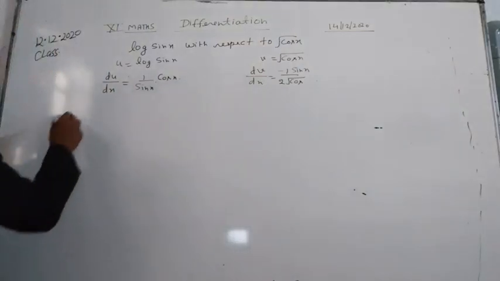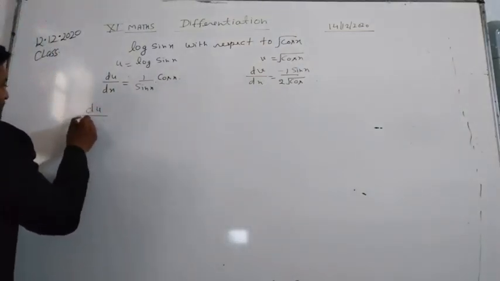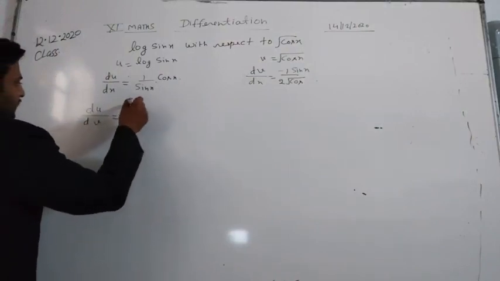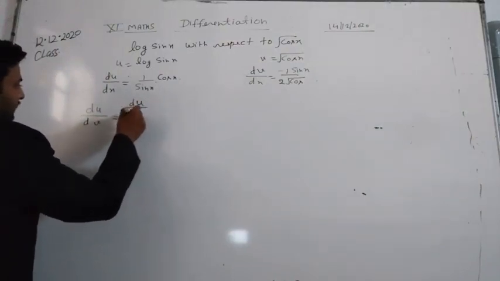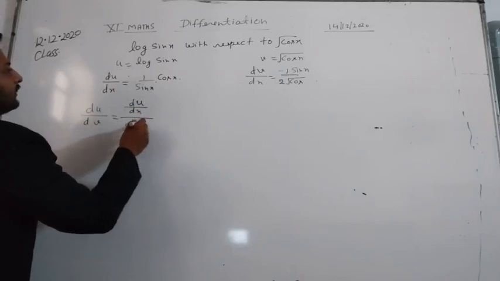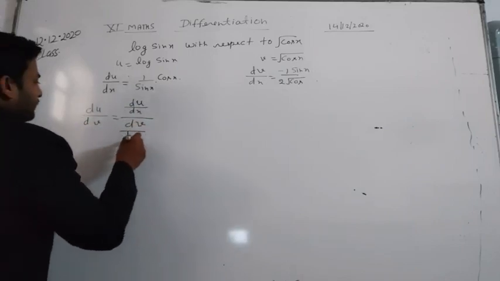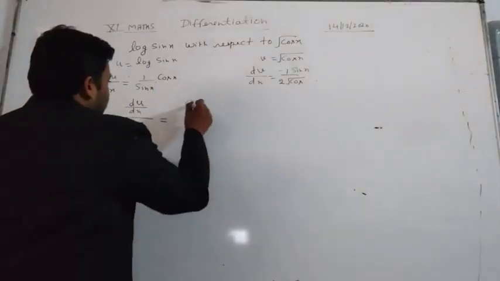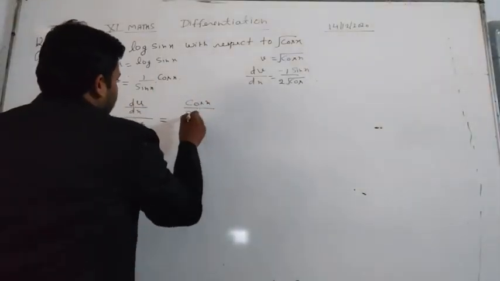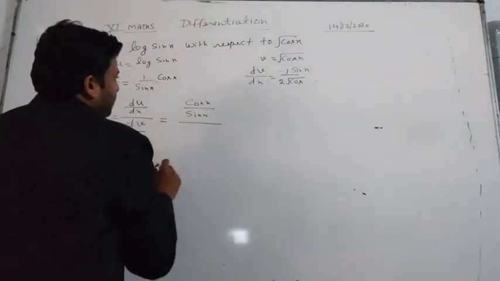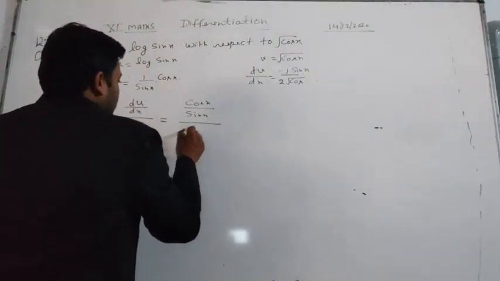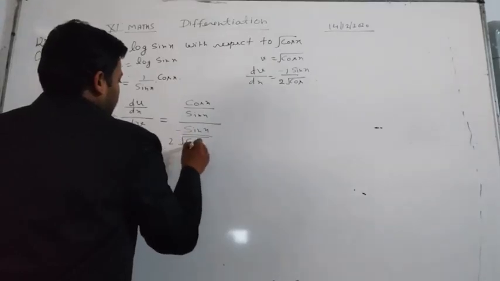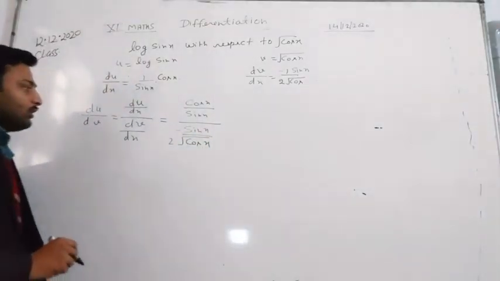Now students, we will write du by dv. And du by dv comes when we write du by dx divided by dv by dx. Okay. Now put the value of du by dx, which is cos x by sin x, and dv by dx, which is minus sin x by 2 root cos x. Okay, students.